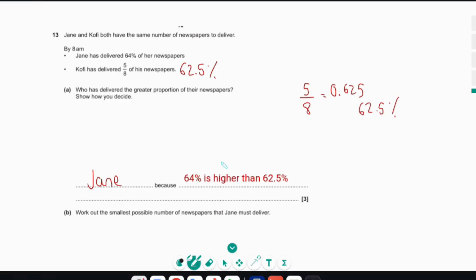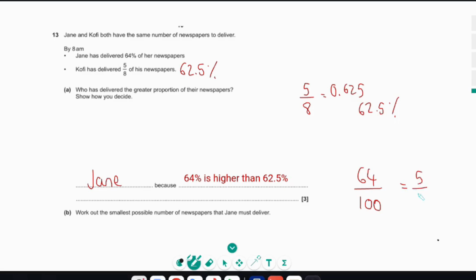Work out the smallest possible number of newspapers that Jane must deliver. So 64%. Let's get it as a fraction. Because they have the same number of newspapers to deliver.